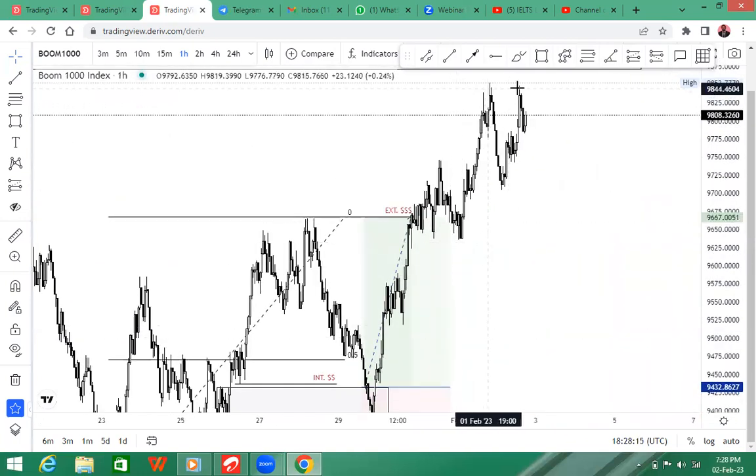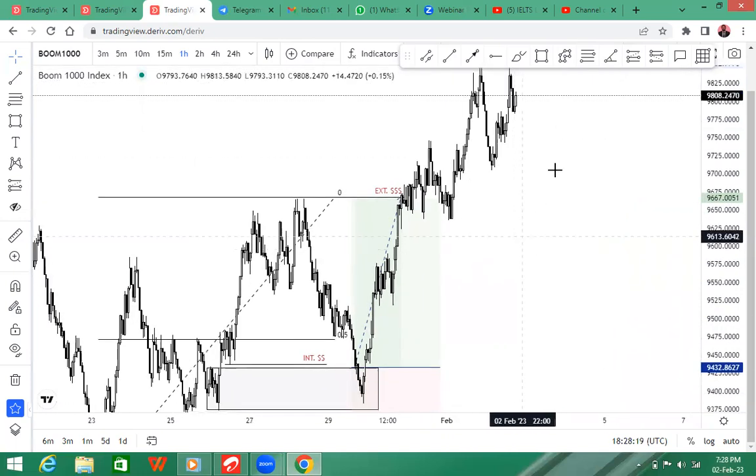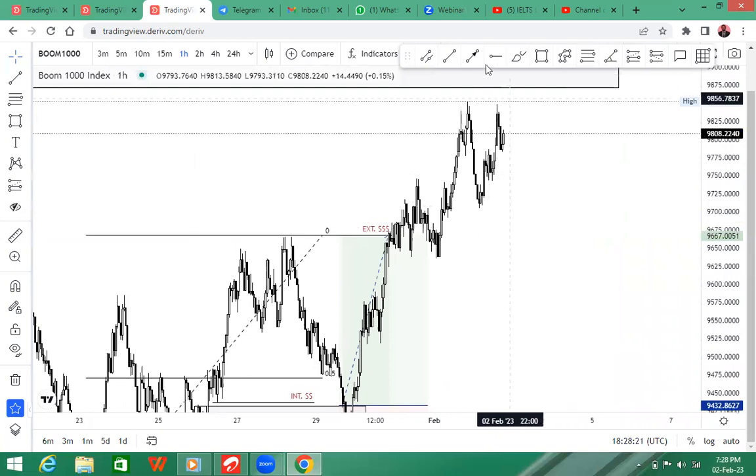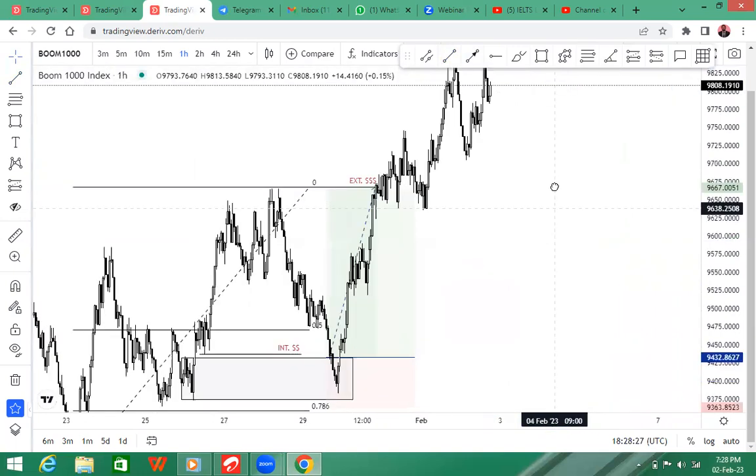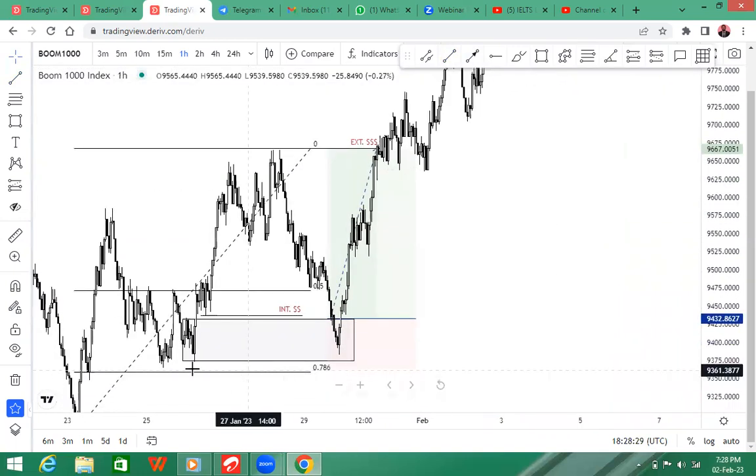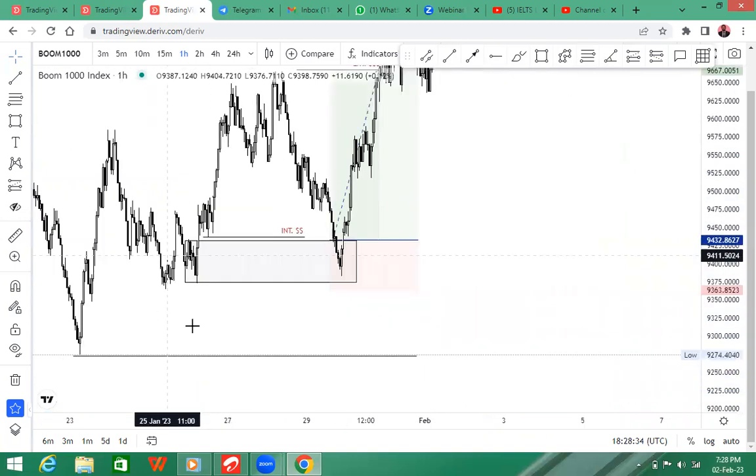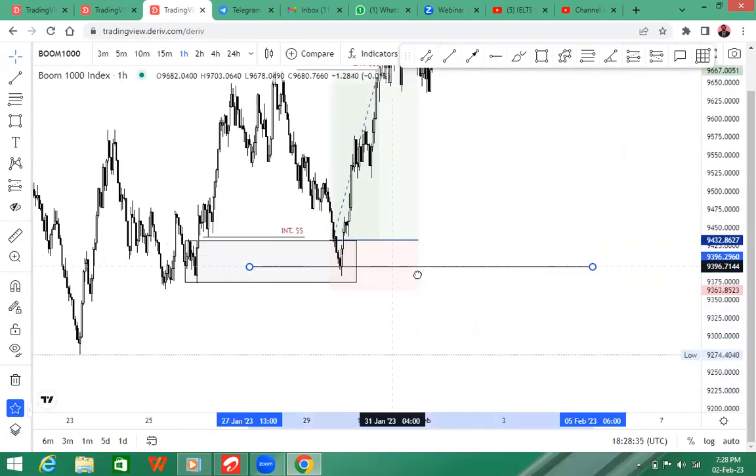Price came, gave us another high. So we are currently still trading the H1 structure. Currently, this is the high range, and then this is the low range. If I remove this, this becomes our low range.